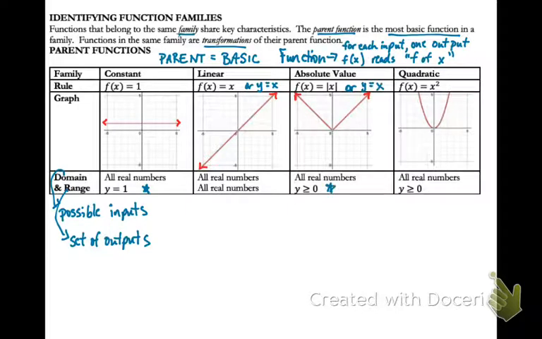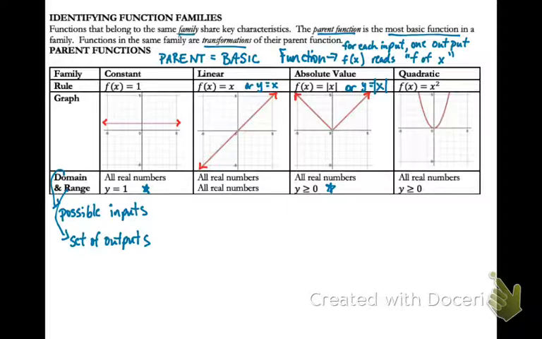In equation form, it's y equals, now that should say absolute value of x, so I'll add those little marks. There we go. And then you can plug in any value for x, and you will only get positive values or 0 for y, so that's why our range is limited.